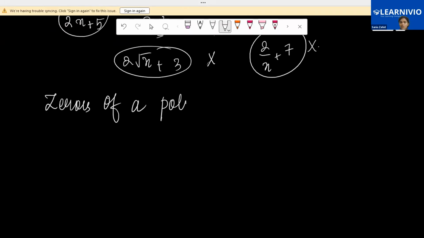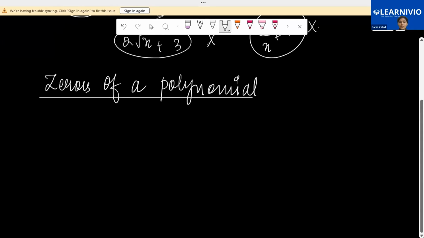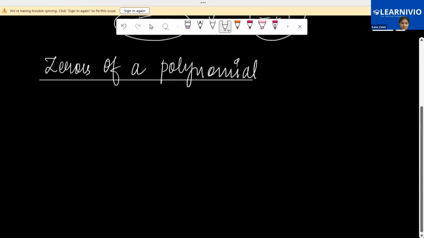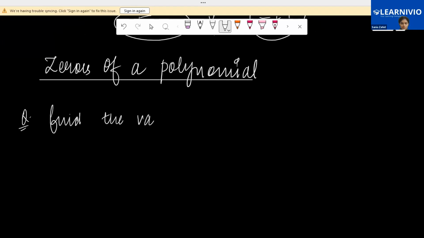Now, what does it mean to be a zero of the polynomial? If I have any value of the variable and on substituting that value my answer is 0 for the entire equation, then that number is known as a zero of the polynomial. Let's start with this exercise. The question is, find the value as indicated.